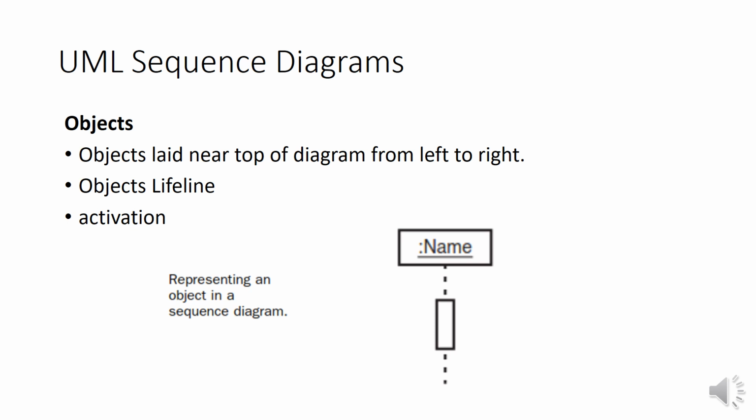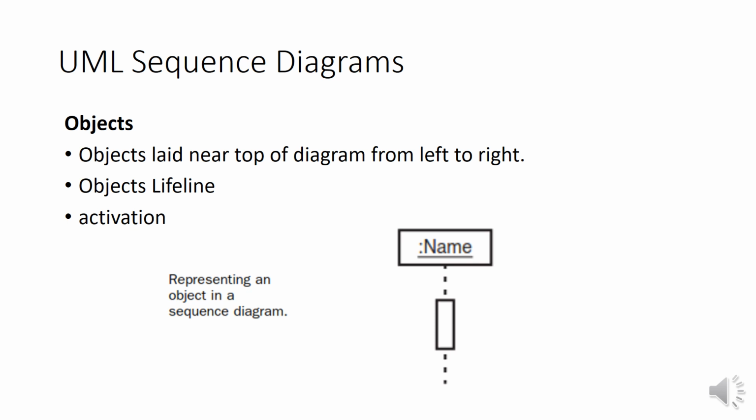Any notation you can follow. Objects are laid near the top of the diagram from left to right. The dotted line represents the lifeline of an object, and the rectangle represents the activation symbol.